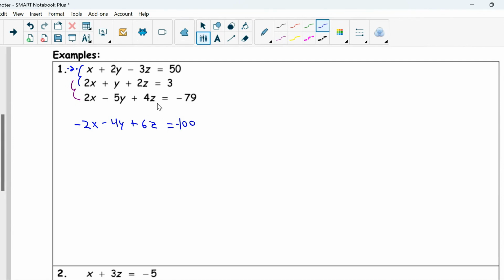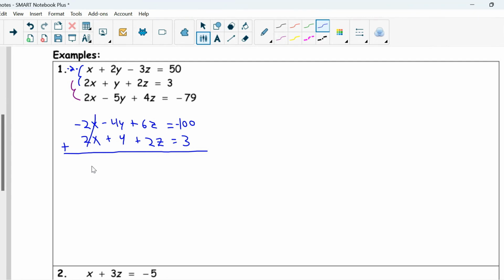Okay, now copy down our second equation exactly how we have it. 2x plus y plus 2z equals 3. Okay, so since the coefficients on our x values are opposite signs, all we need to do is to go ahead and add -2x plus 2x.